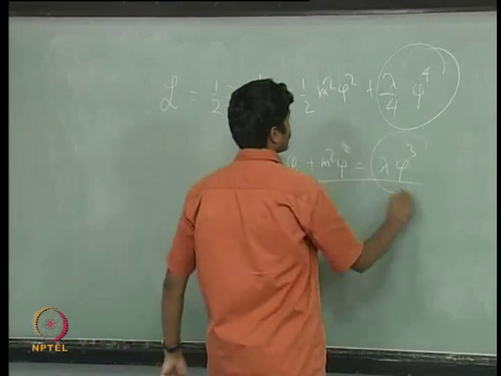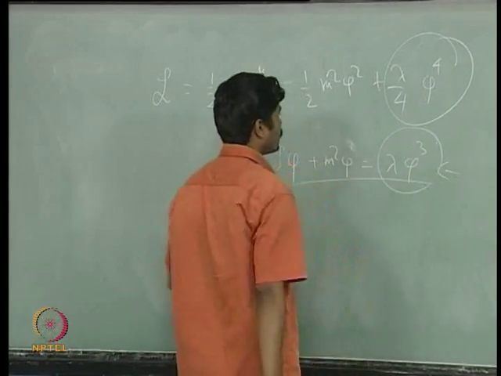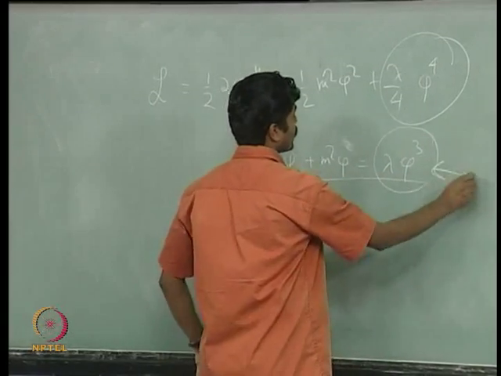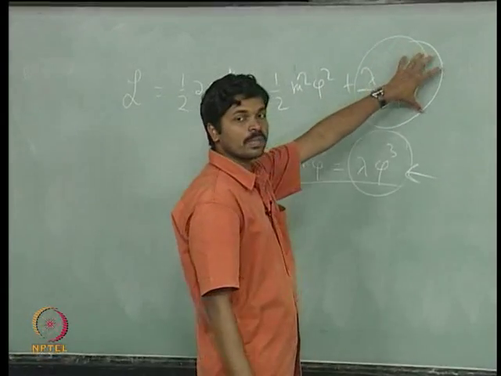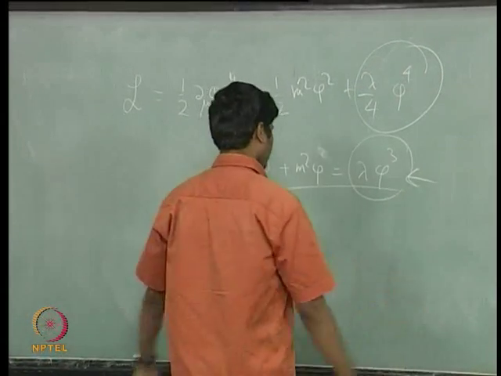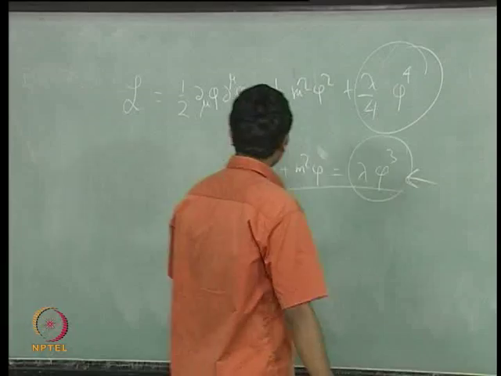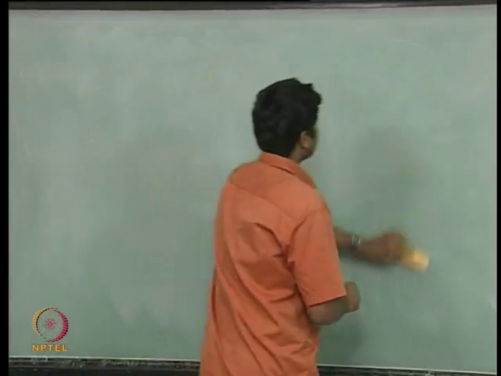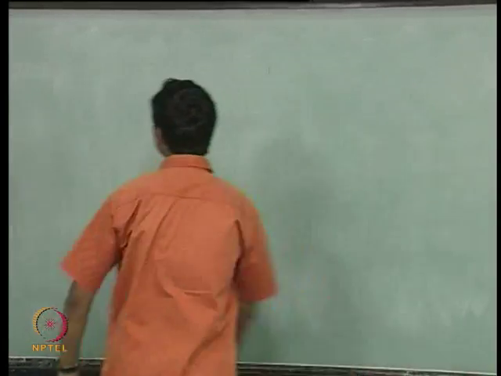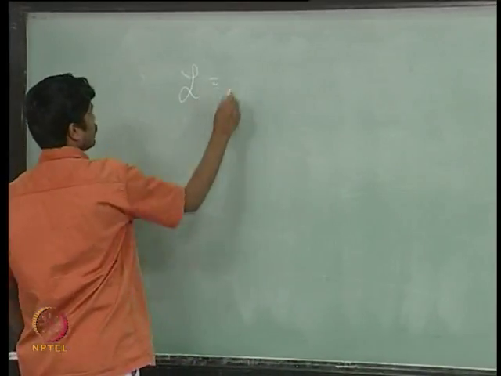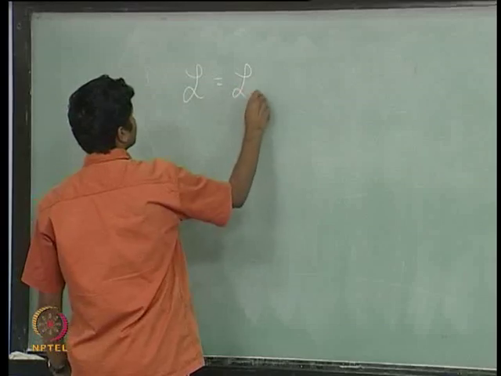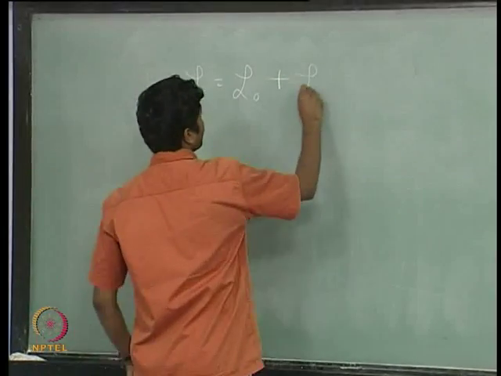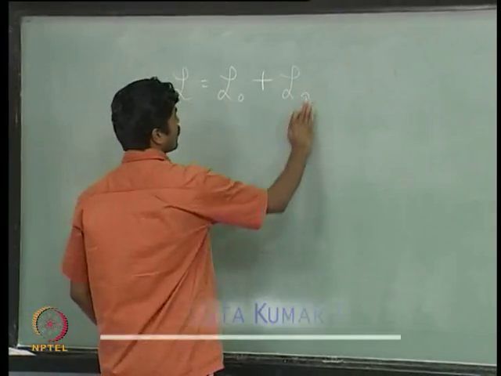So, this term is due to the interacting term, and the field is no longer a free field, it is a self-interacting field. The field interacts with itself. So, typically what you will have is, in general, the Lagrangian will have a free part, which I will denote as L0, and it will have an interacting part, which I will denote as L prime.